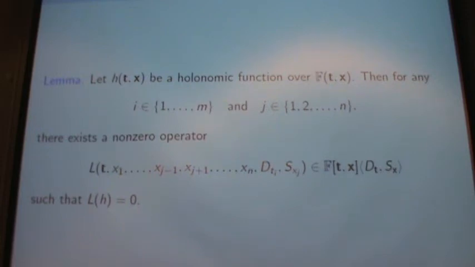The basic information of this operator is that if you count the number of variables, this is m plus n minus 1, and then here plus 2, so you have m plus n plus 1 variables in general. And holonomic means the Hilbert dimension is, in this case, m plus n.